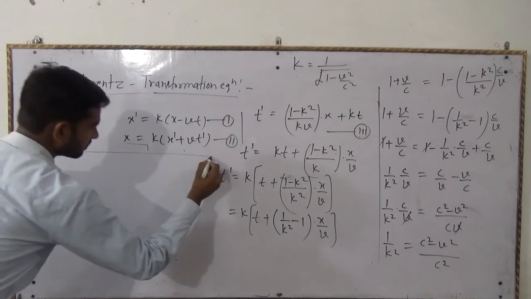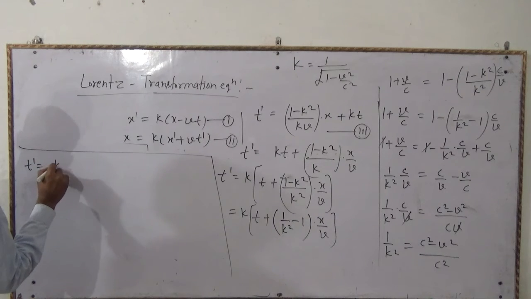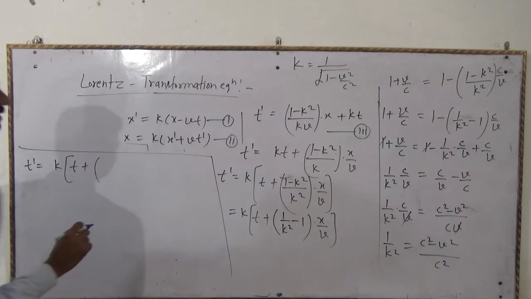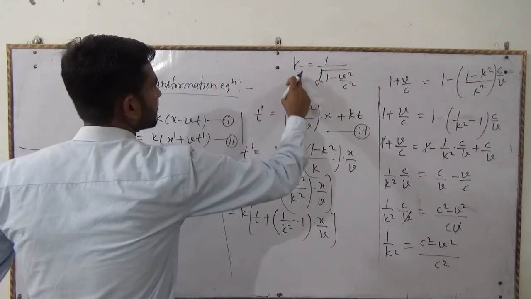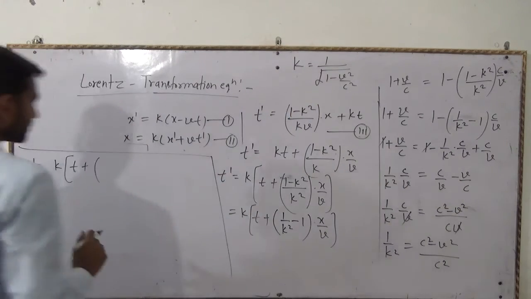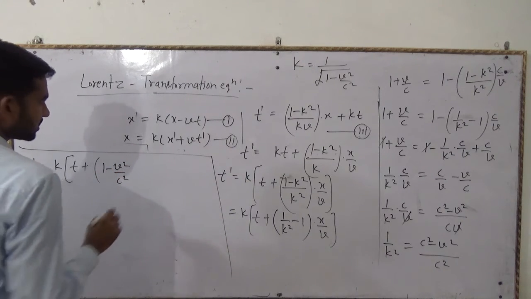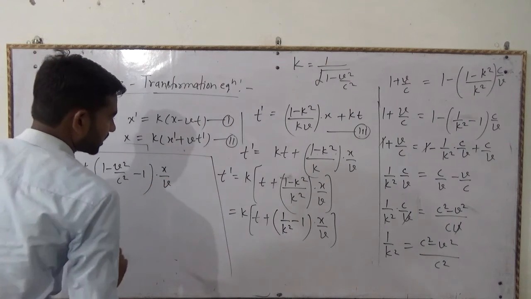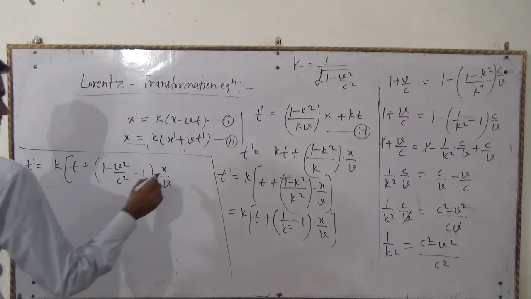In this part, the value of t dash is equal to k t plus 1 by k square minus 1 into x by v, where the value of 1 by k square is 1 minus v square by c square. So we can solve it.